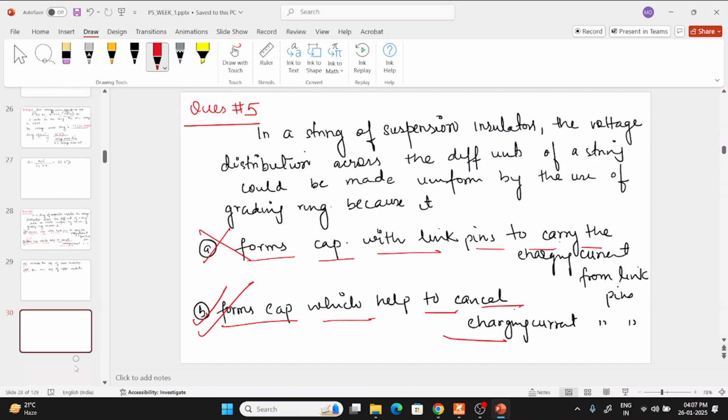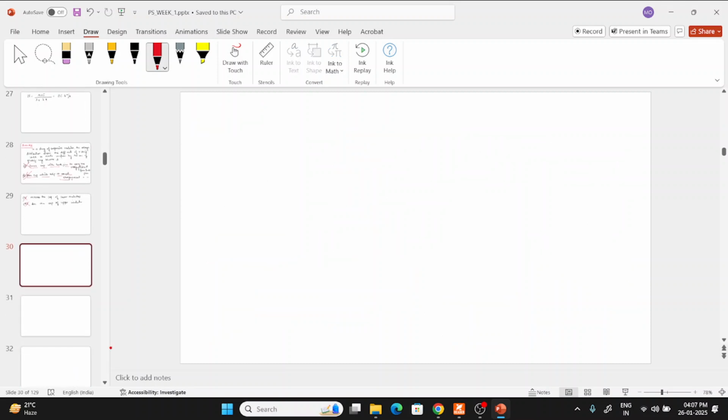Okay. So now the next question. We have now talked about various things regarding the string efficiency. There is also another term which you have gone through in the lecture, which is sag. What is sag? Basically, in an ideal condition, for example, there is A and there is B. A line should connect like this.